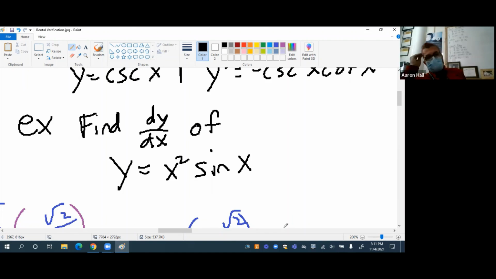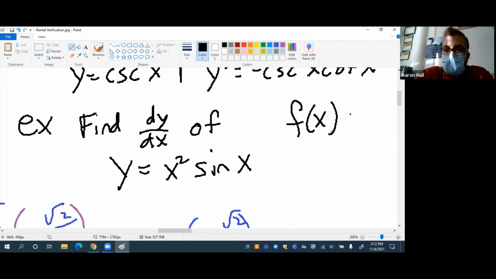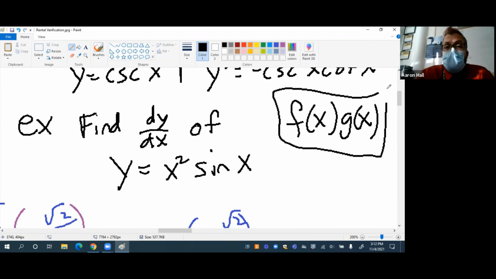So when you look at this, do you see a function times another function? Which means we have to use what? We have to use the product rule.